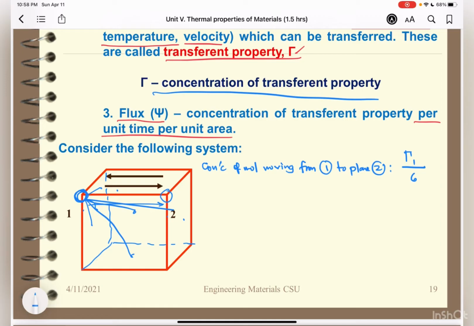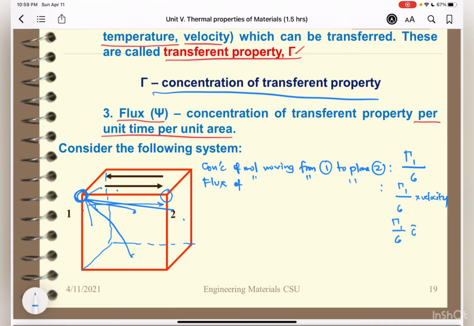Therefore, the flux of the molecule moving from plane 1 to plane 2 would be given by gamma 1, the transferent property, divided by 6 times, of course, the velocity. Or this could be gamma 1 over 6 times c bar, the speed.